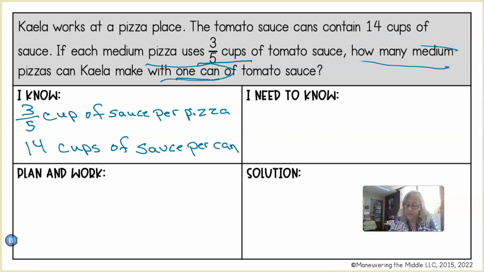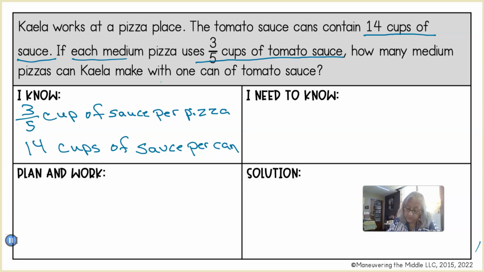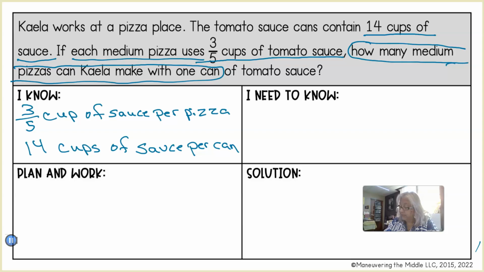If you need to see this better, let's make this a little bit easier to understand. Underline what you know. Circle what you need to know. Okay? So what is it I need to know?